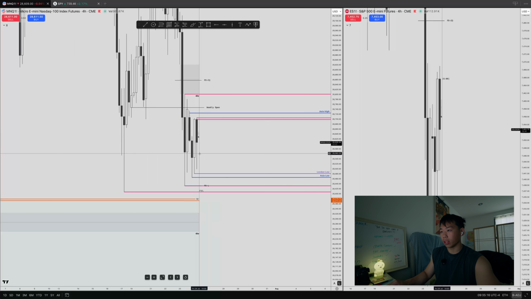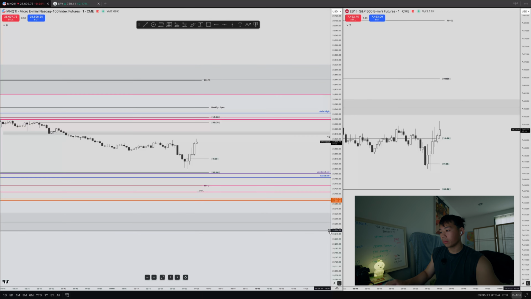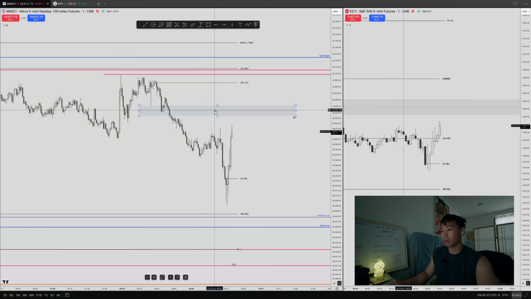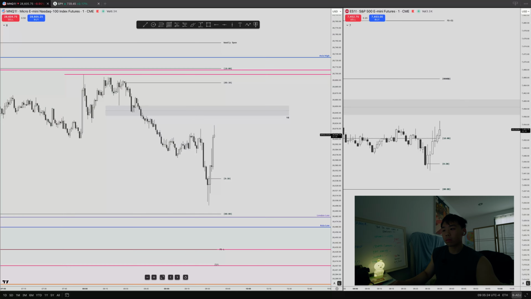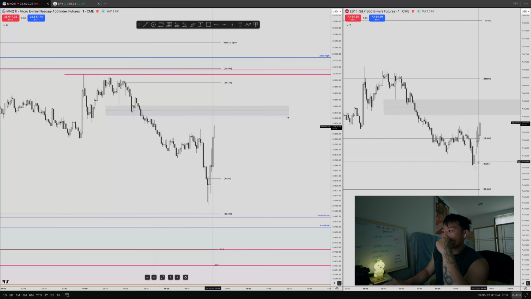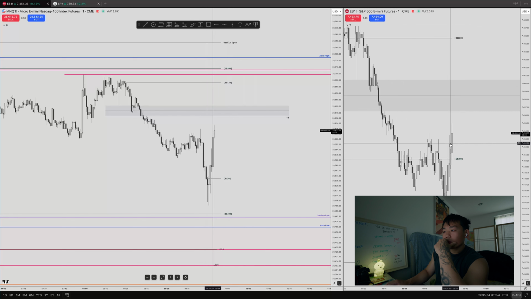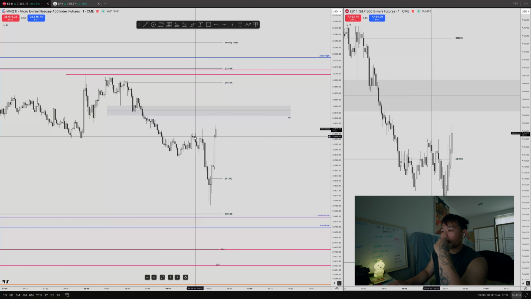Yeah, we're just ranging in this area. So, it's a nice V shape though.